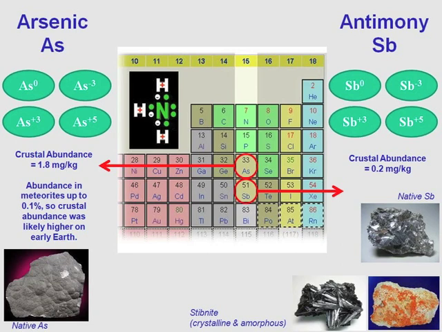And it's thought that the reason that the crustal abundance has gone down through geologic time is because in the case of both arsenic and antimony, we're talking about chalcophilic elements that like to associate with sulfur. And so plate tectonics through time would have been moving these elements down into the mantle where they would become sequestered, and then they only come back up to the crust through volcanism. So the idea is that through time, the relative abundance of arsenic and most likely antimony has probably gone down.